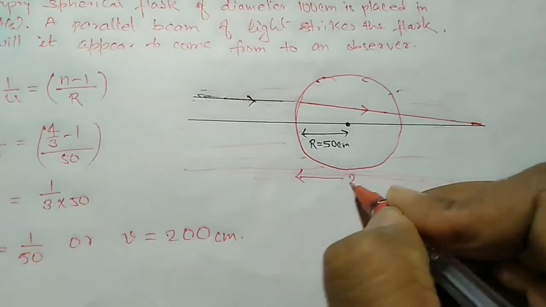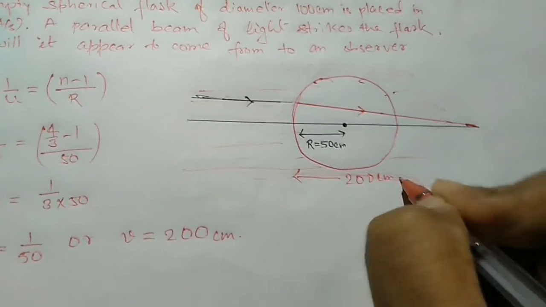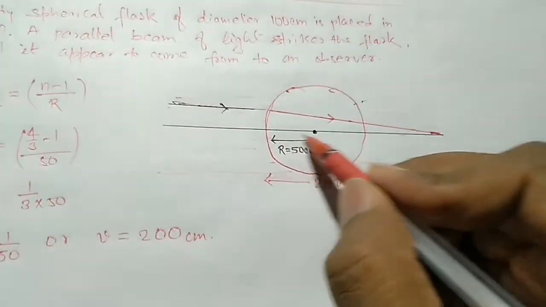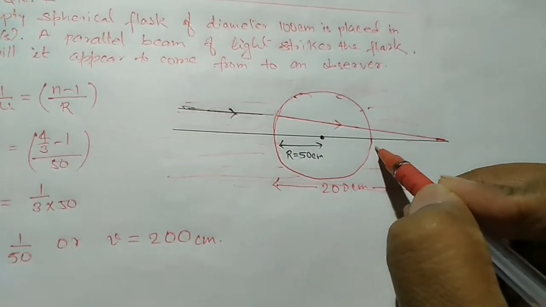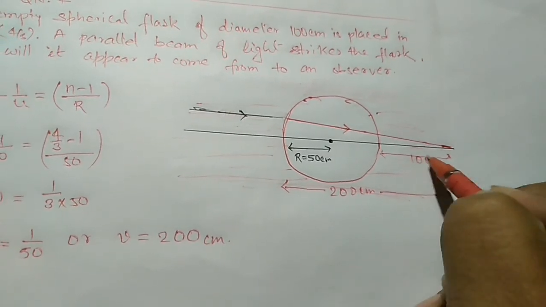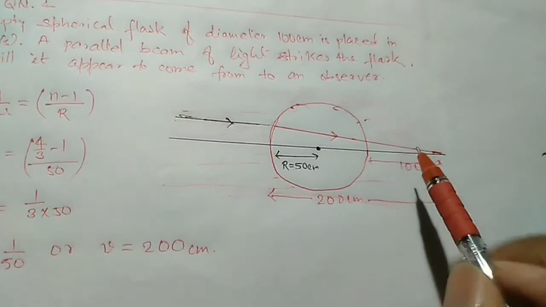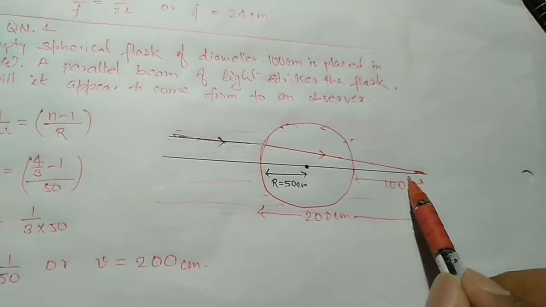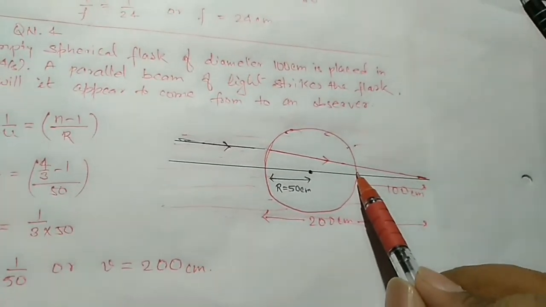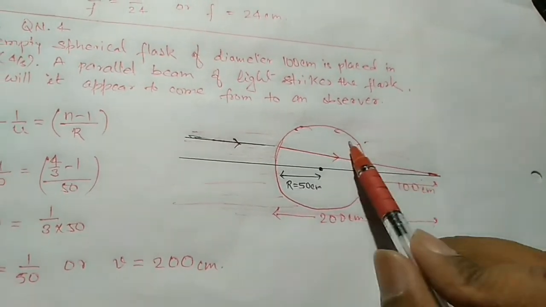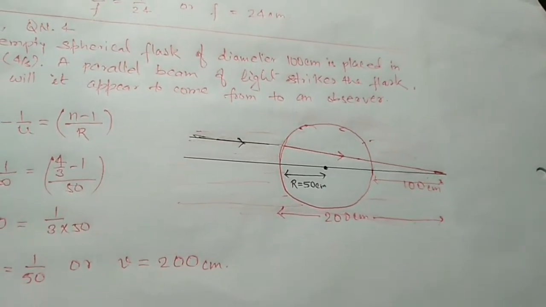So from here to here is 200 centimeter, and this is 100. So what will be the distance from here to here? 100 centimeter. As I said, the image formed by the first surface will act as an object for the second surface, and the second surface starts from here. So this 100 centimeter will be the object distance for this surface.